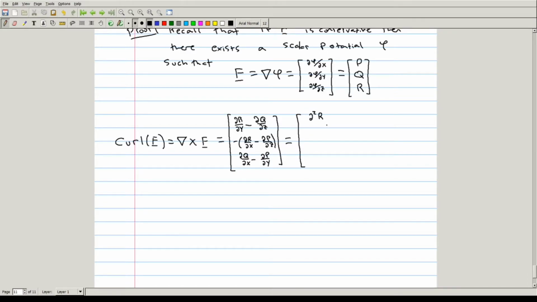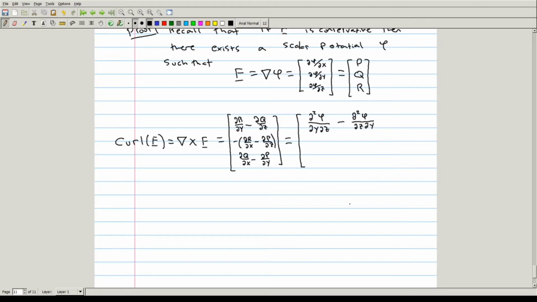So plugging in right here, we get that this is going to be the second derivative of phi, first with respect to z, and then with respect to y. And then dQ dz, well, Q is the y partial derivative of phi. So this right here is the second derivative of phi, first with respect to y, then with respect to z.